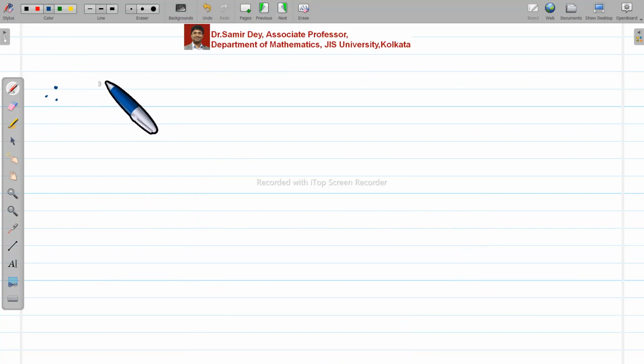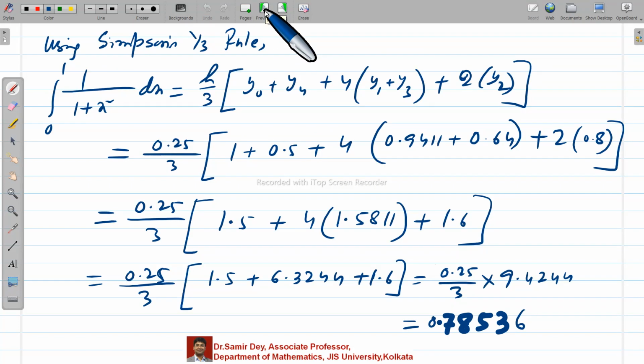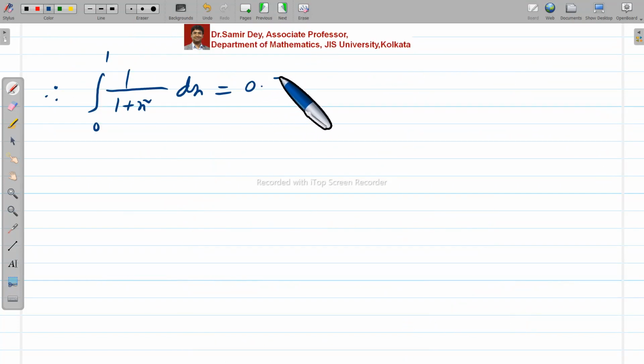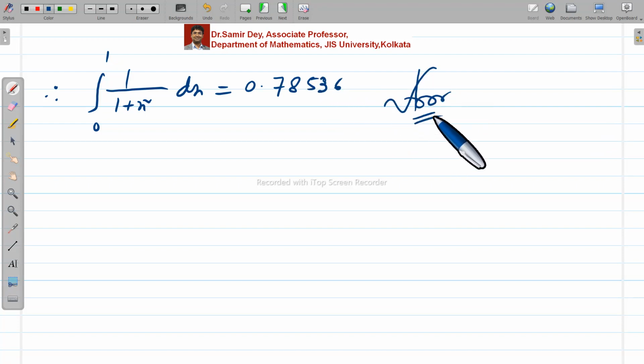Therefore, the integral from 0 to 1 of 1 by 1 plus x square dx is equal to 0.78536. That is the process. The problem may be replaced, but the process will remain the same. So please try to understand the process.